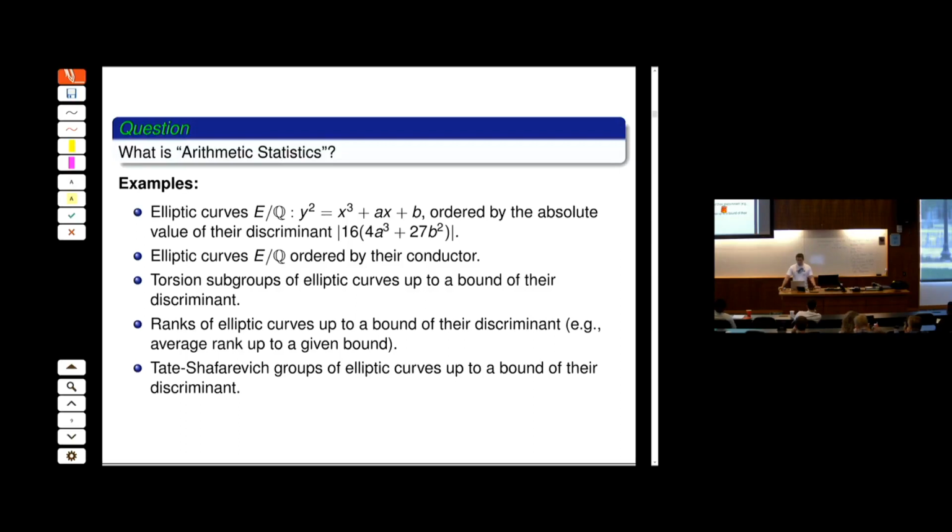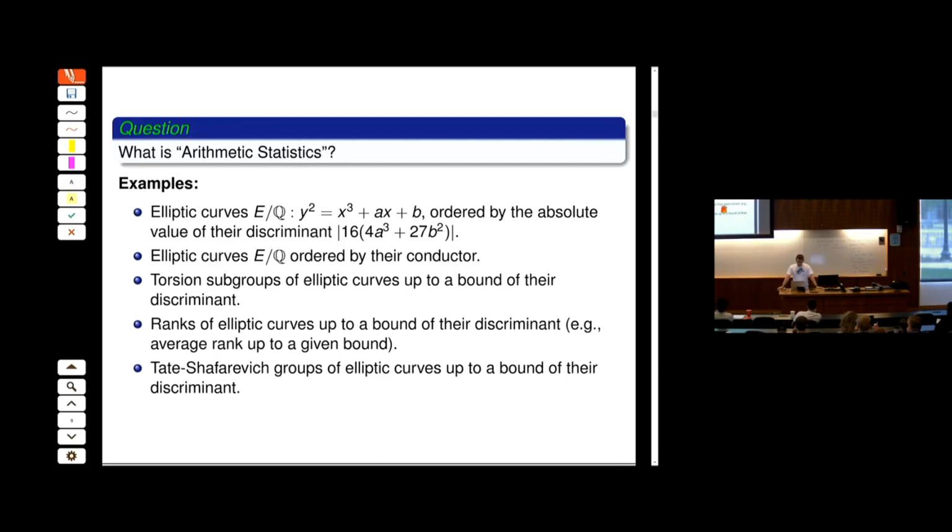Elliptic curves. So elliptic curves are plane curves. They are smooth projective curves of genus 1. And there's a lot of work being done on elliptic curves. Two years ago, I gave a mini course on elliptic curves. This year, Eric Wallace will be giving a course on elliptic curves over finite fields.